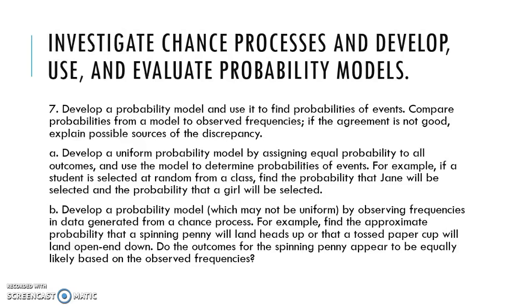But at the beginning, doing lots of actual drawing cards, drawing beads from bags, flipping coins, spinning spinners, all of those types of things that you can come up with are really important. And those are good examples for Standard A, where you're developing a uniform probability model, where there's equal probability of the things happening. And so those are all good examples there.